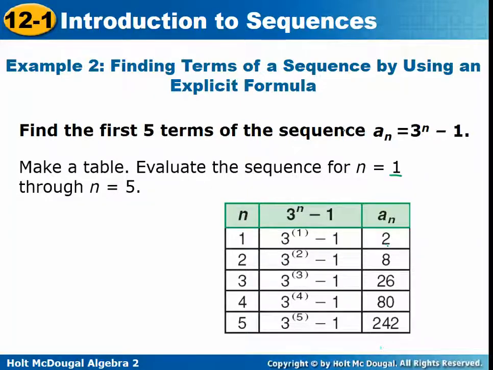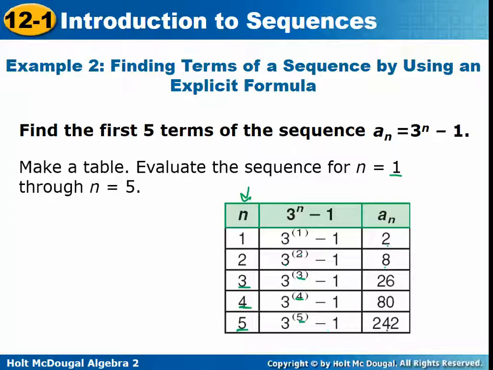In this formula, we just use these values of n in our equations. So now I take 3 squared for n, minus 1. 9 minus 1 is 8. And then I use this value right here. 3 to the 3rd, that's 27. 27 minus 1 is 26. And then here's the 4th. 3 to the 4th is 81, minus 1 is 80. And 3 to the 5th is 243.